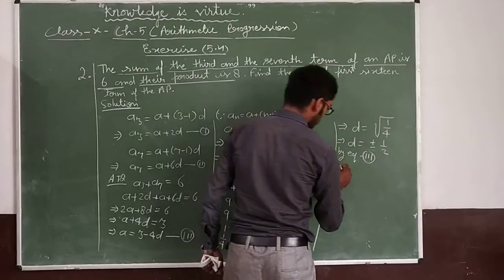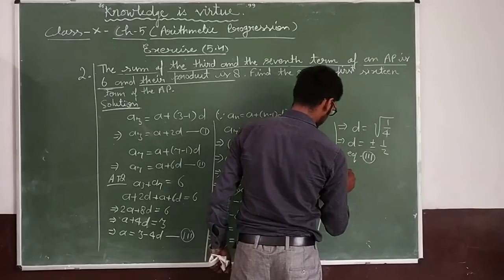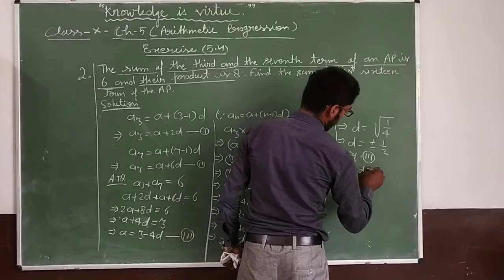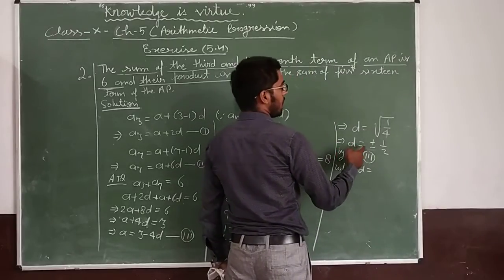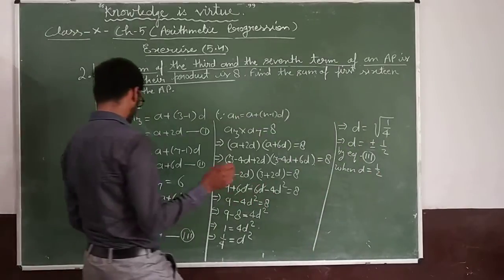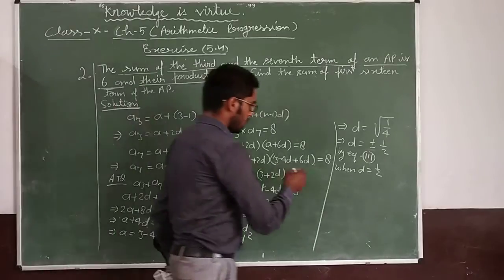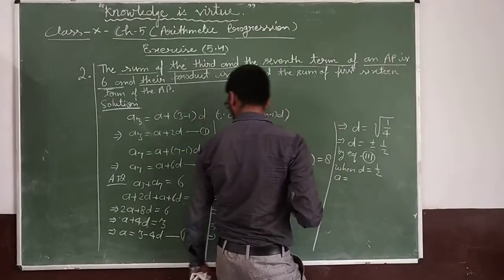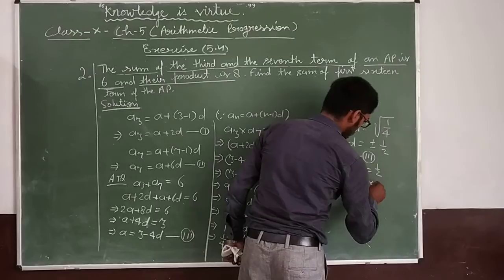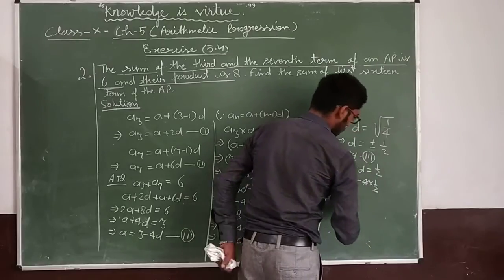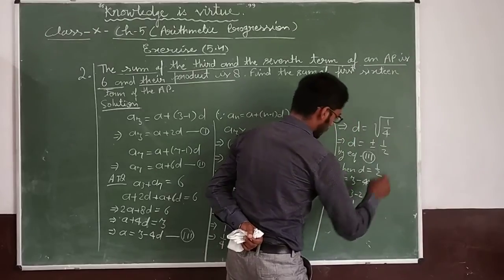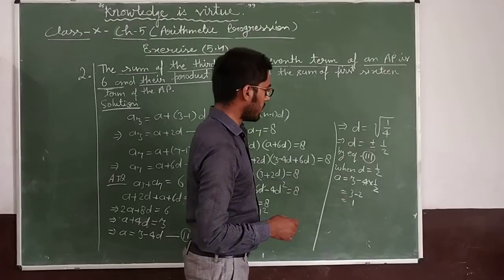By equation third, when you take D is equal to plus 1 by 2, then A is equal to 3 minus 4 into 1 by 2. 2 2s are 4, so you get 3 minus 2 is equal to 1. Means A is equal to 1.